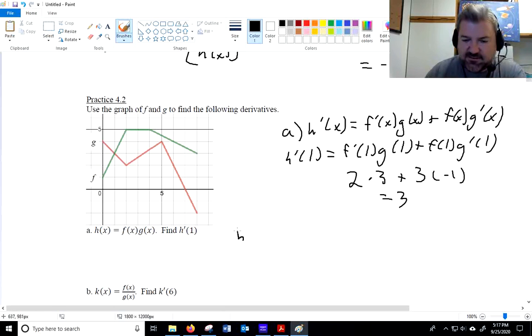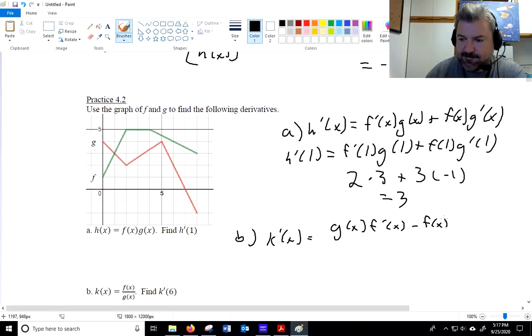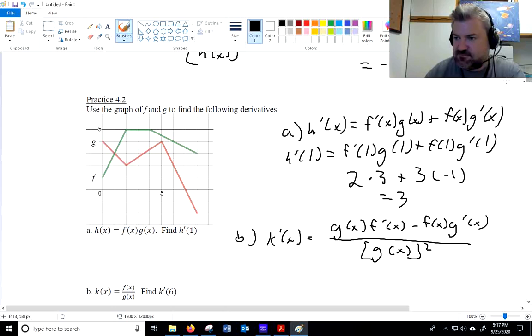All right, letter B, let's find k prime of x. It is low, d high, minus high, d low, all over low, low. So k prime of 6, let me scroll down just a little here.